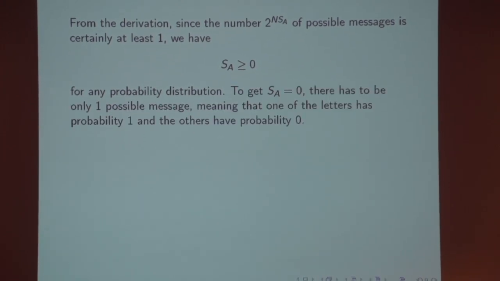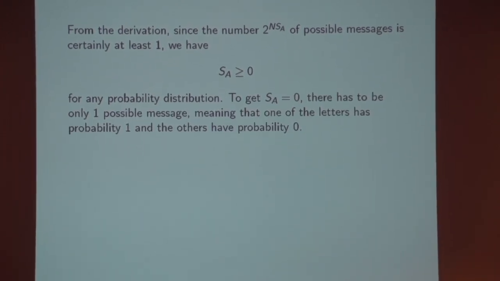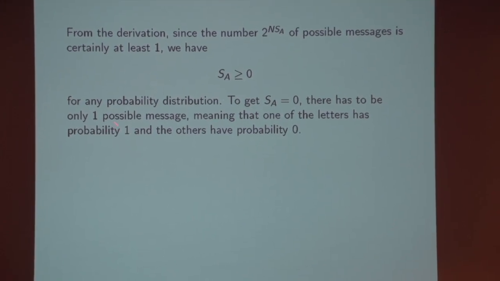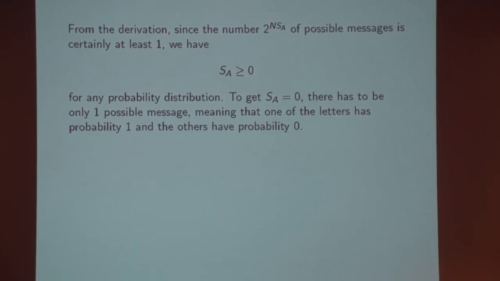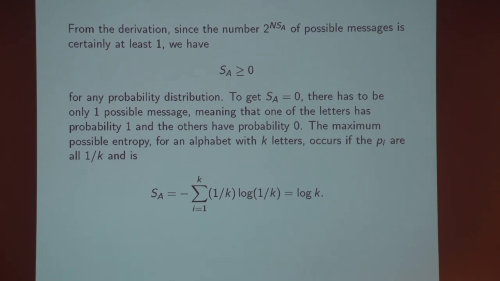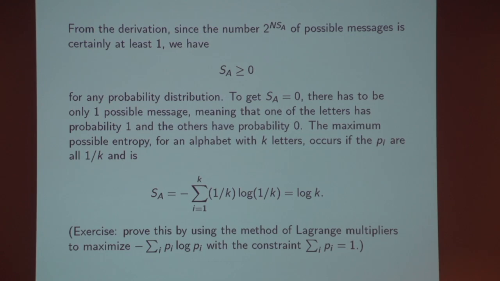To make the entropy 0, there should be only one possible message, which means that one of the letters has probability 1 and the others have probability 0. On the other hand, the maximum possible entropy occurs if the probabilities are all equal and is given by log k, where k is the number of letters in the alphabet. As an exercise, you can prove this using the method of Lagrange multipliers.